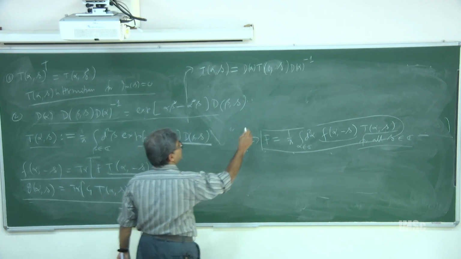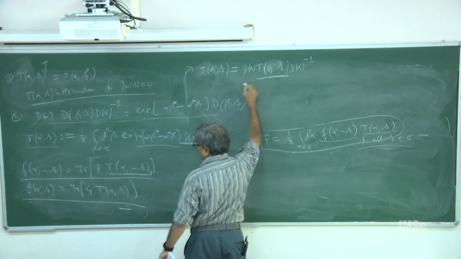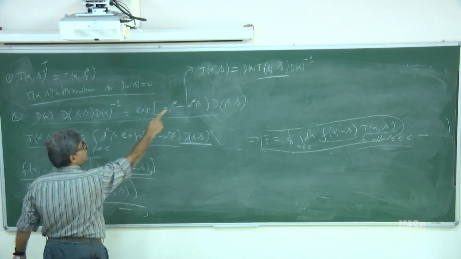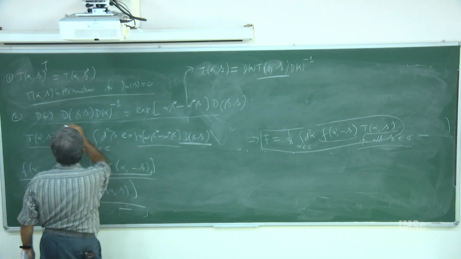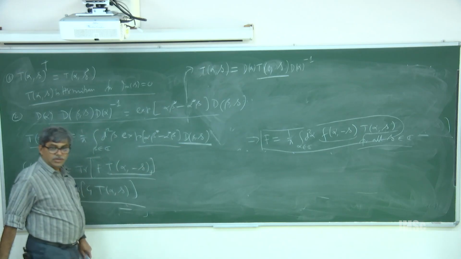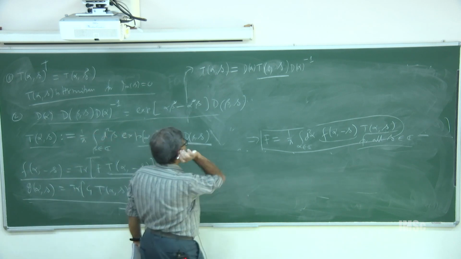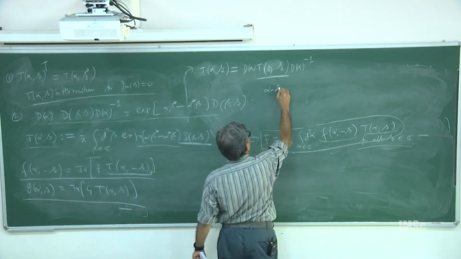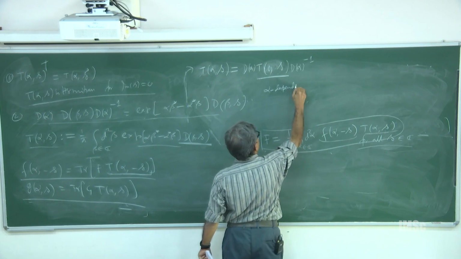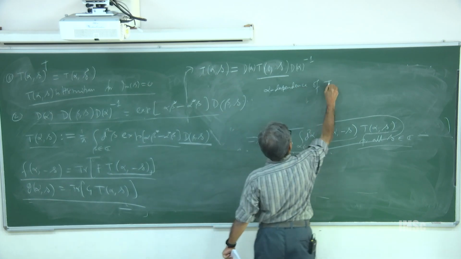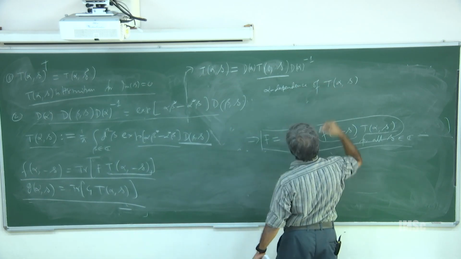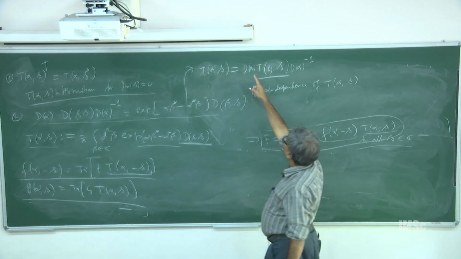Basically, you take this expression for T of 0 s from here and then apply this rule. So, this means that the alpha dependence of T of alpha s comes from this displacement operator.